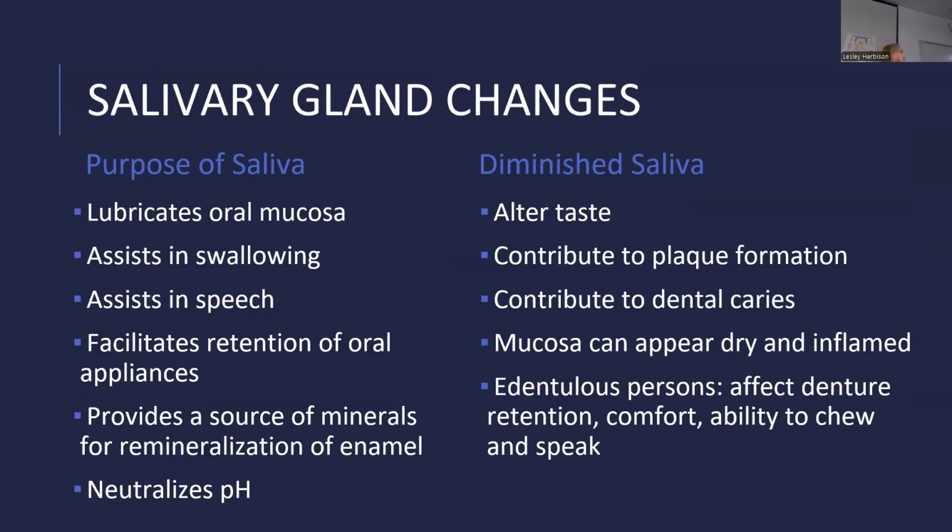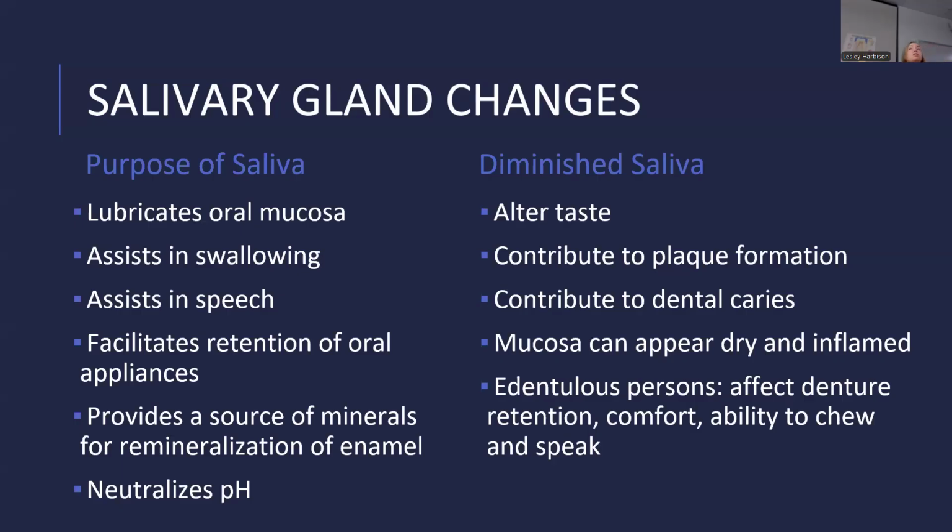So what do we do for dry mouth? We've talked about this all the time, and this is absolute review, but we want to encourage our patients to keep the oral mucosa lubricated. They can do that with chewing on ice, sipping on water, sleeping with a humidifier, sucking on sugarless gum and mints or lozenges. They can use saliva substitute.